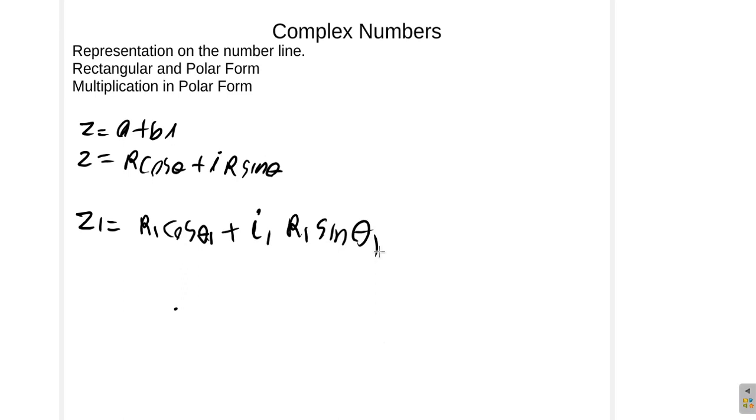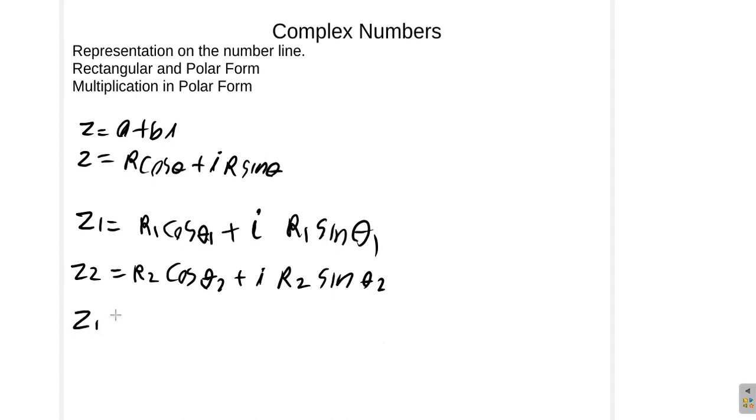So we label them as 1. No, the i wouldn't be labeled. i is just the direction that we have the y-axis. Alright. So z2 equals r2 cos theta 2 plus i r2 sine theta 2, right?